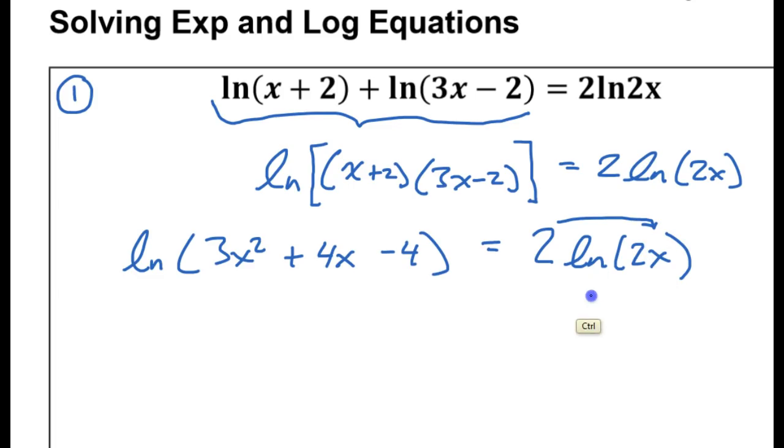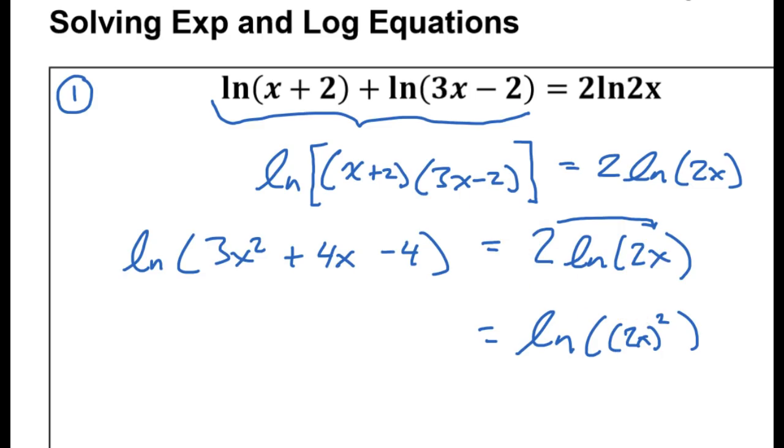So just be careful, because this is going to become the natural log of 2x to the second power. It would be an easy mistake to make to just put the 2 as the exponent of the x. But everything inside of here has to be squared.